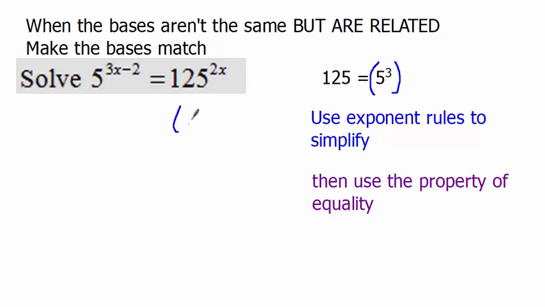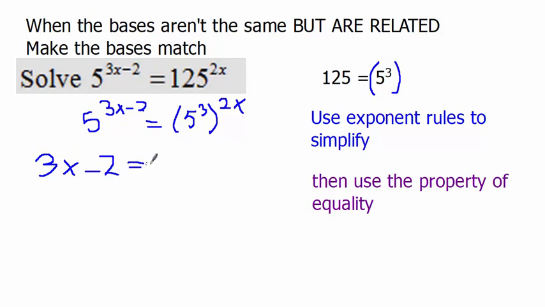So we're going to have 5 to the third, then taken to the 2x. Oh, that means I'm going to multiply the exponents. And 5 to the 3x minus 2. So take the exponent, 3x minus 2 equals 3 times 2x.